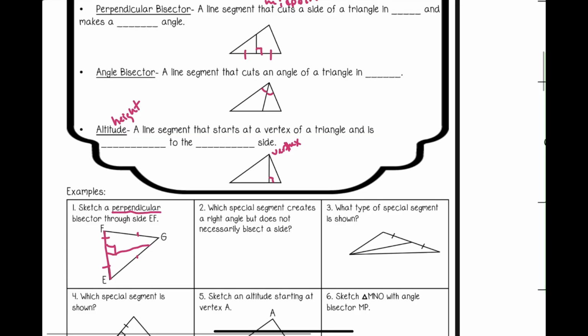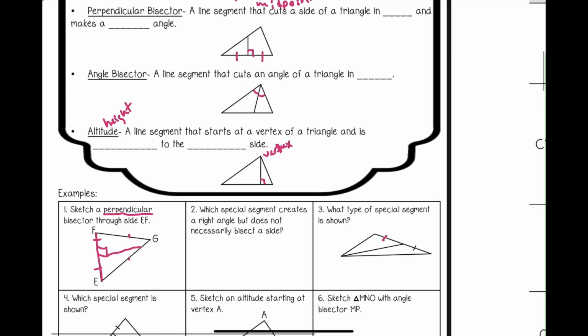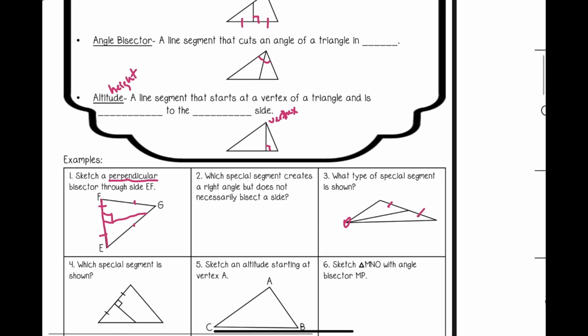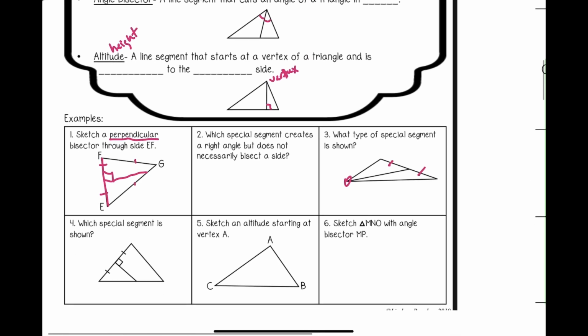So which one bisects that opposite side, but it comes from your vertex? Which special segment is shown? So it has a right angle and it bisects the other side. Notice it does not come from a vertex. So look at the ones above and see which ones.